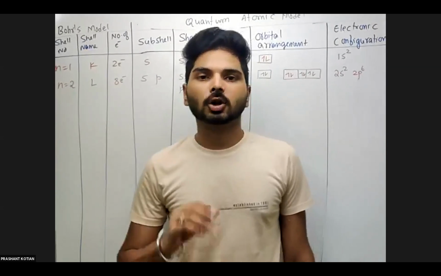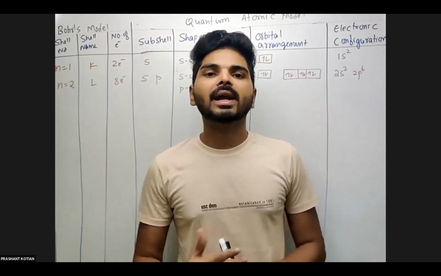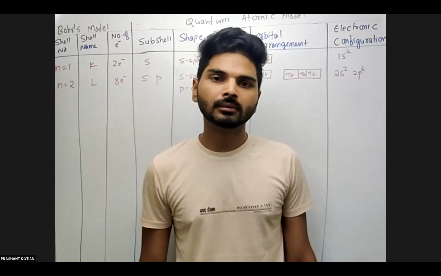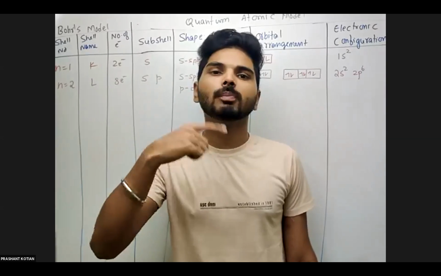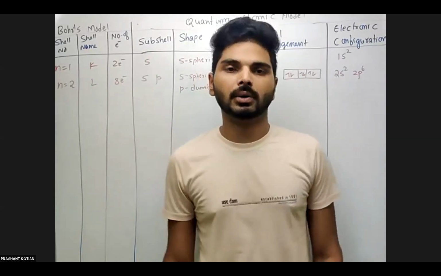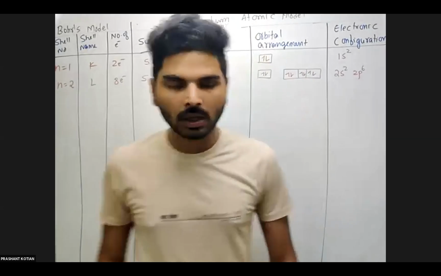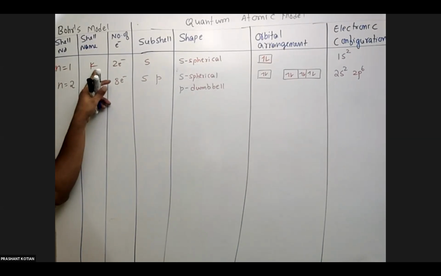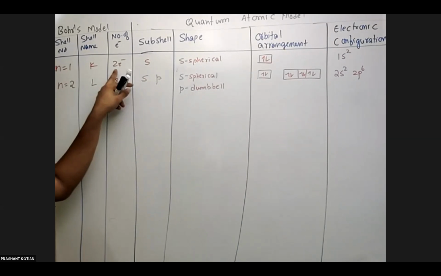Because the electron revolves in a spherical manner, thereby creating the shape of a sphere. That shape is spherical in nature. So we had seen the first shell called K shell, and the maximum number of electrons that can be accommodated is 2.